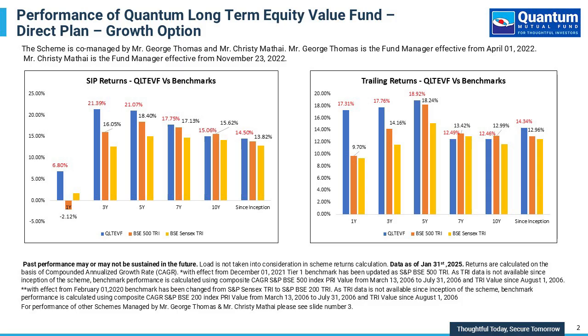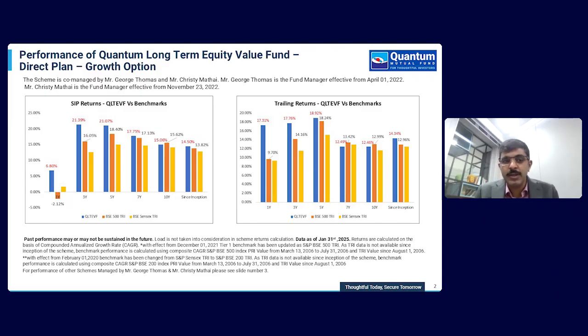So at least if you stay invested for a 2-year horizon, which is generally what we base our sell limit or the intrinsic value estimate on, you tend to have a reasonable experience in that sense.